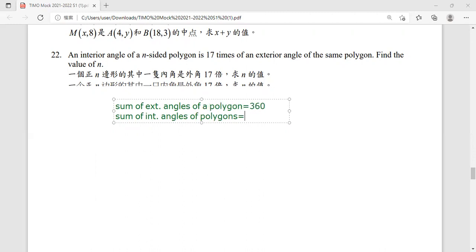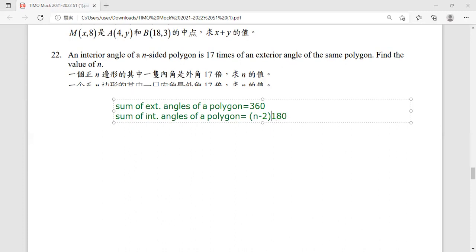I think it's a polygon. It's n minus 2 times 180.